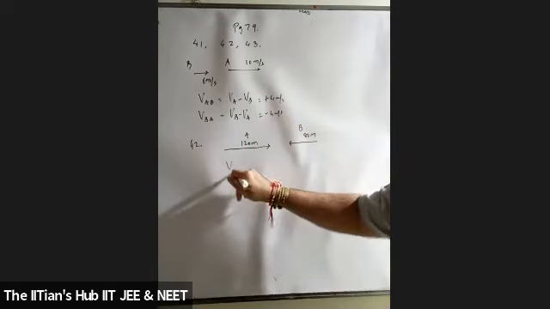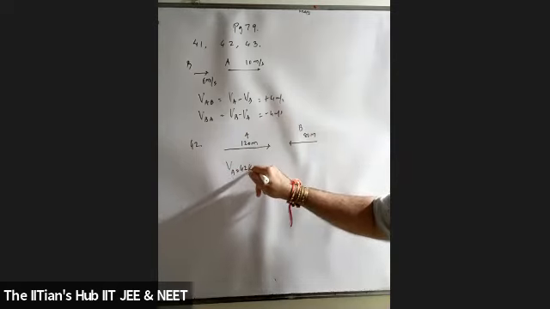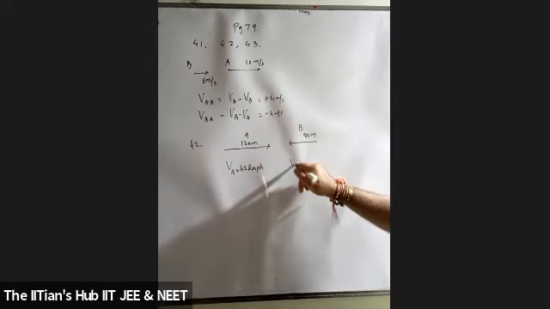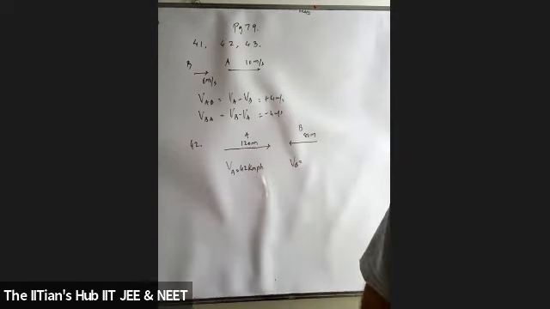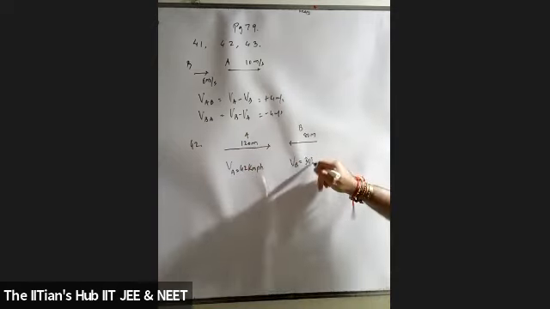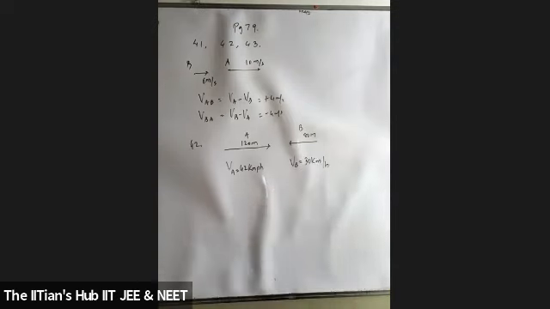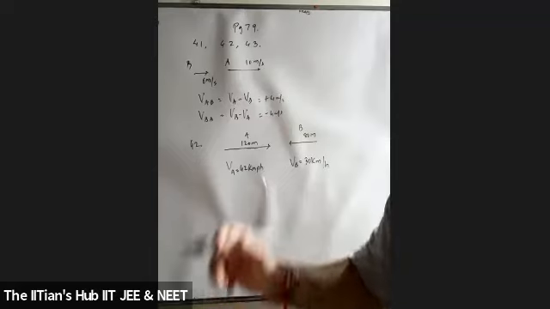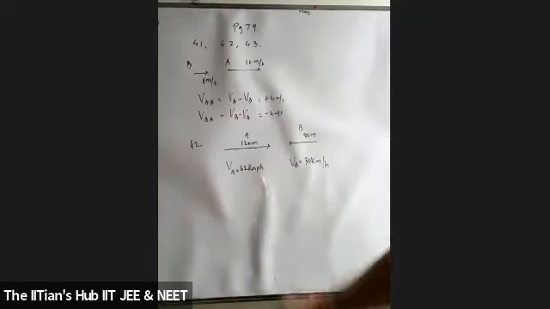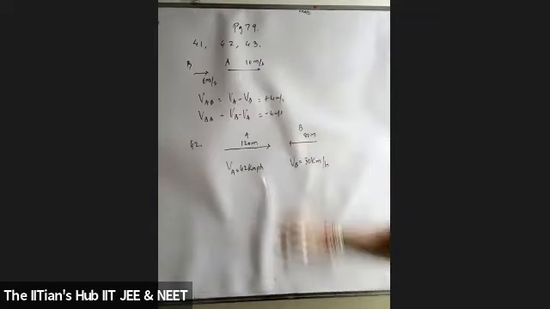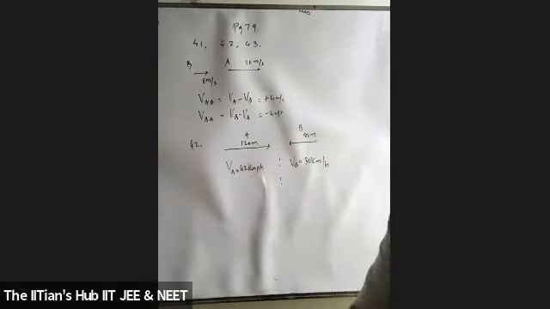So velocity of A is 42 kmph and velocity of B is 30 kmph, and they approach each other. At what time will they completely cross each other? Anyone?